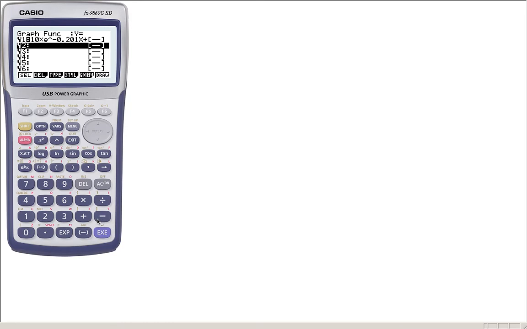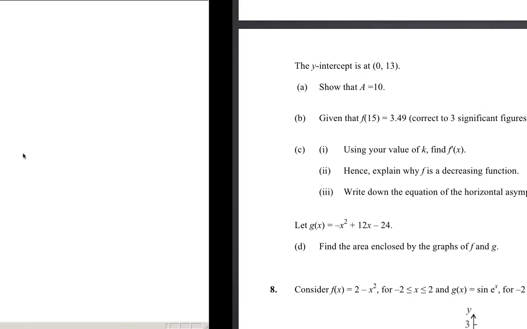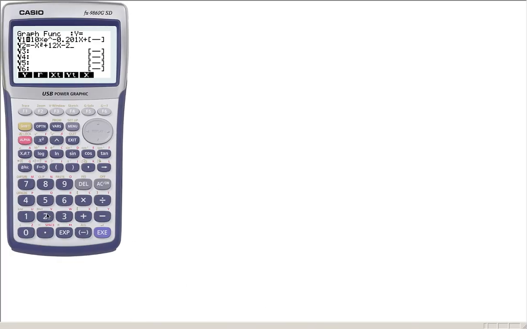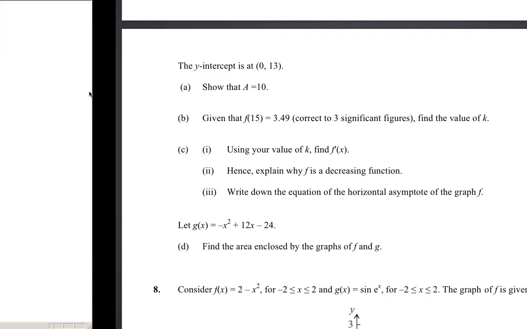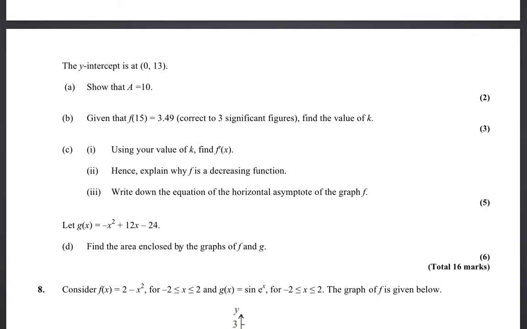So minus x squared plus 12x and then minus 24.